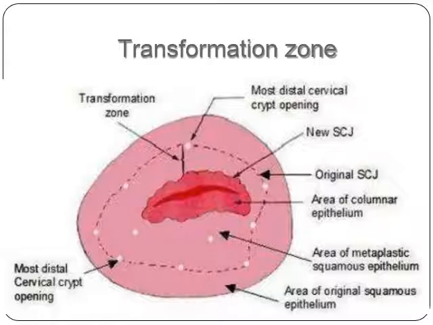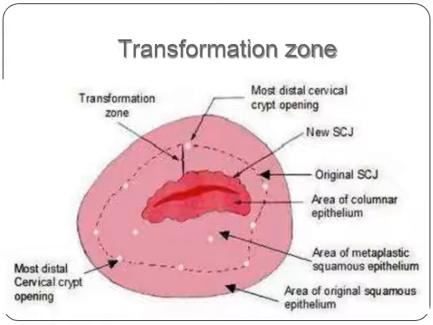You know that in prepubertal age, the columnar epithelium occupies most of the cervical surface, and the area of metaplastic squamous epithelium originally in the prepubertal stage it was columnar epithelium. But under the hormonal changes of the puberty and after puberty, the columnar epithelium starts to change into squamous epithelium.